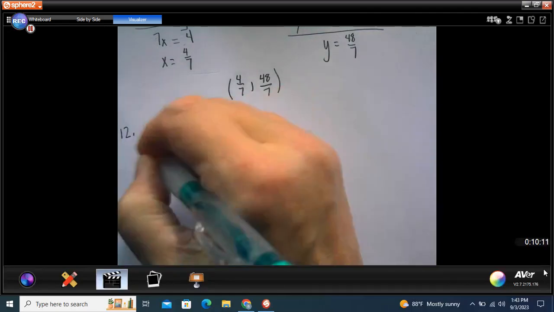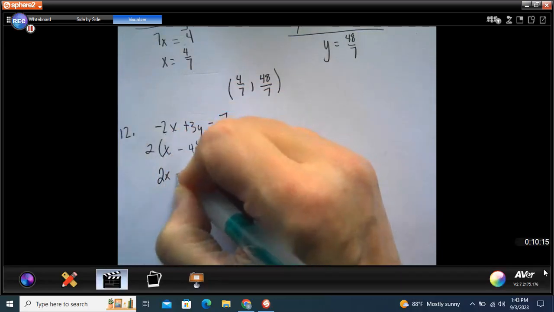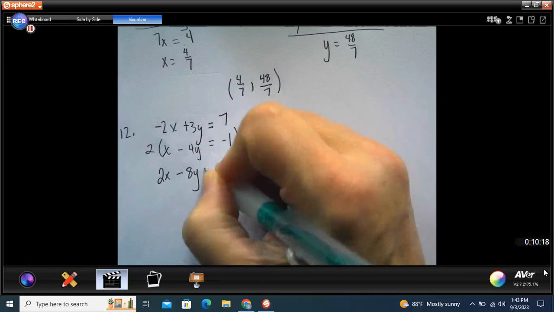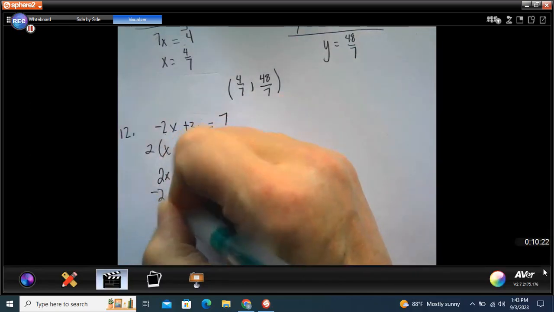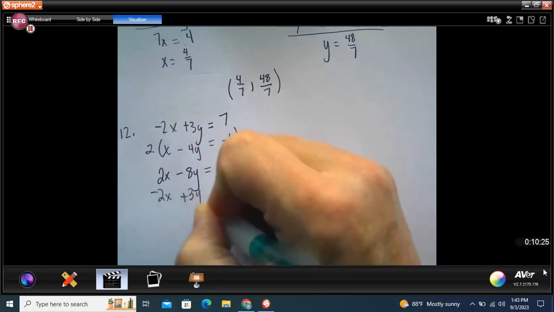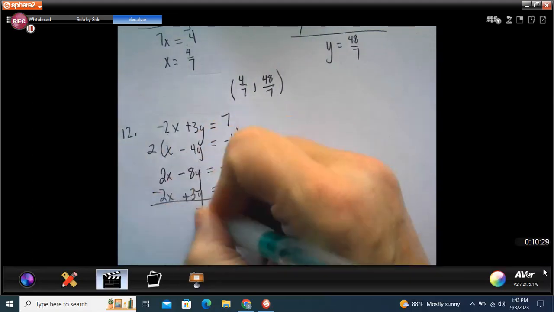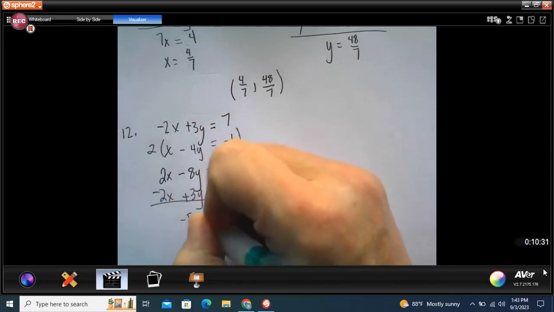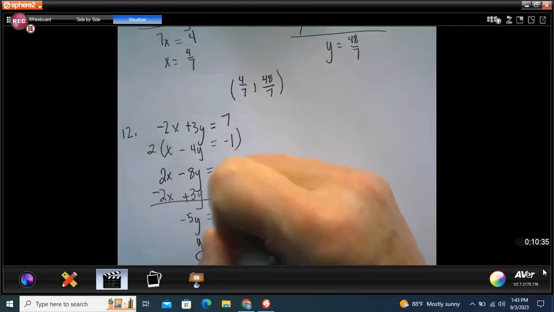So again, I'm going to multiply this equation by 2. That'll give me 2x minus 8y equals -2. Rewrite that top equation underneath it, and I get -5y equals 5. So y is -1.